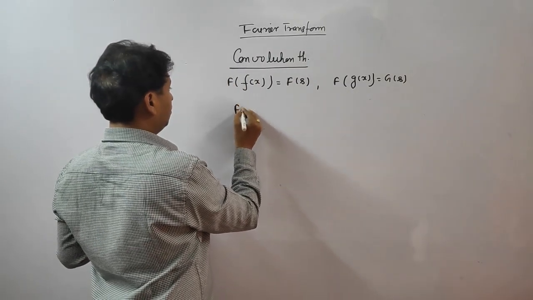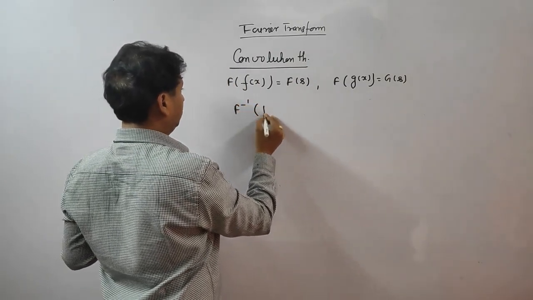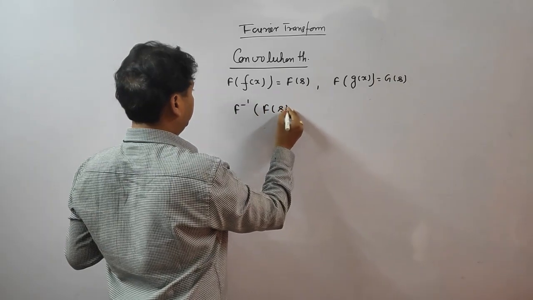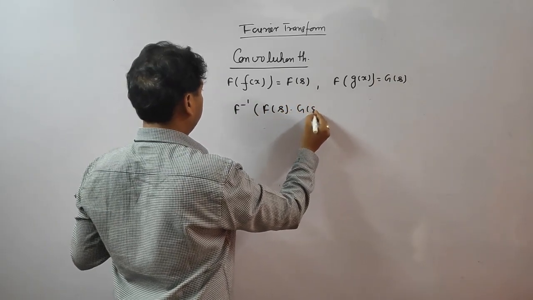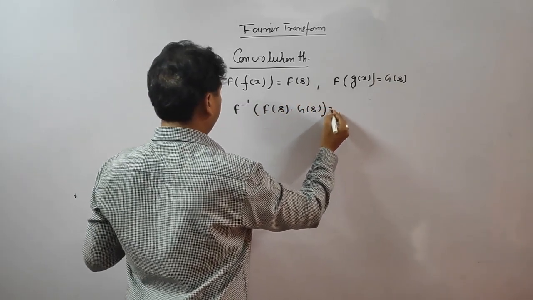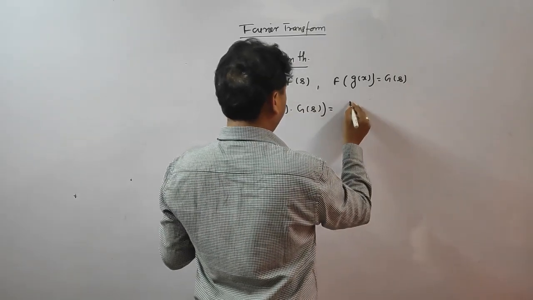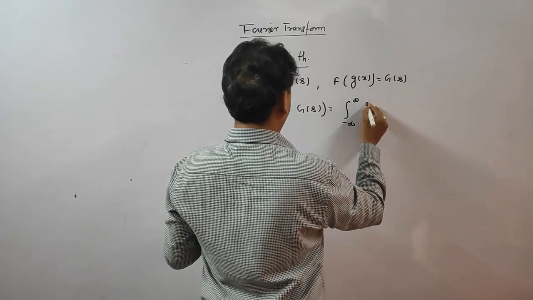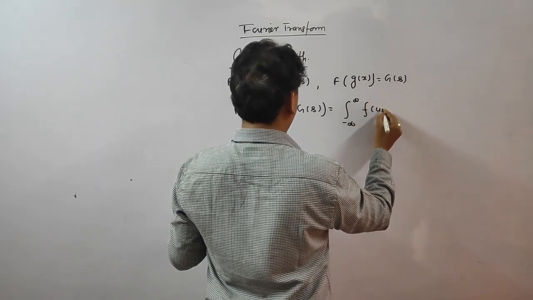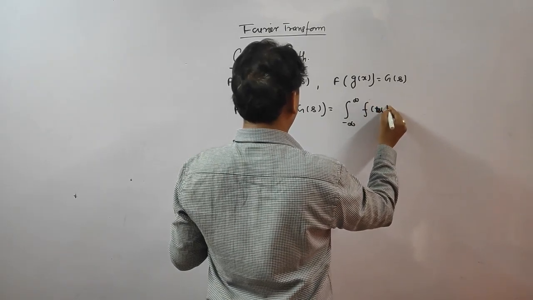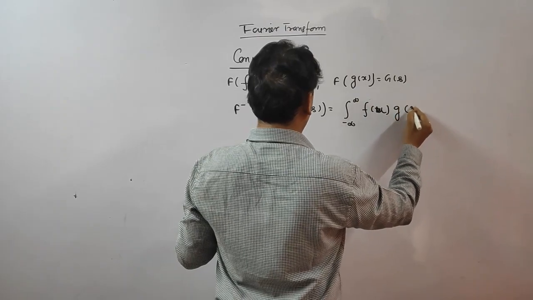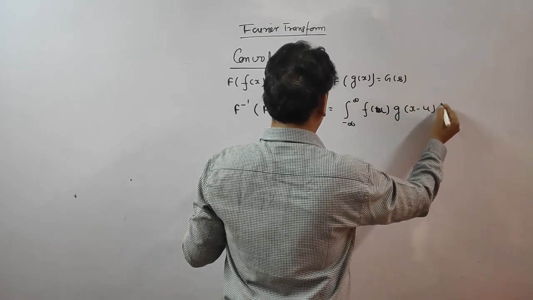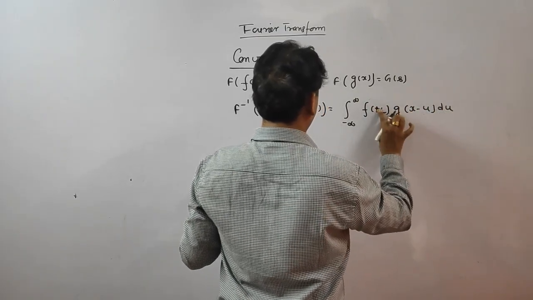Then the Fourier inverse transform of F(s) into G(s) is nothing but the integral from minus infinity to infinity of f(u) g(x minus u) du.